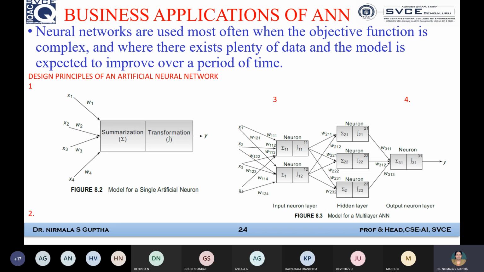However, when we say it's a multi-layered model, we need to have multiple layers of processing elements in the sequence. In design principle one, we saw only one complete processing unit, because we had only one input neuron and output neuron, and the processing happening in terms of transformations or summarizations. But when I say multi-layered, it means you must have multiple layers of processing elements in the sequence.